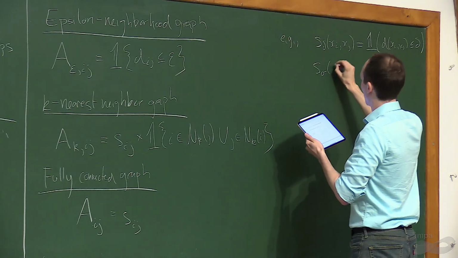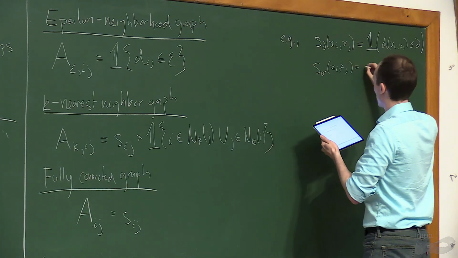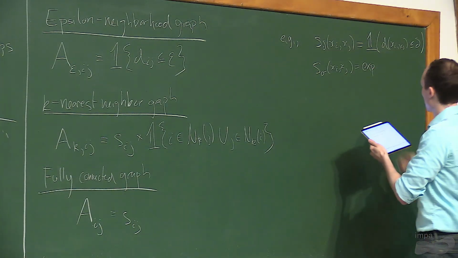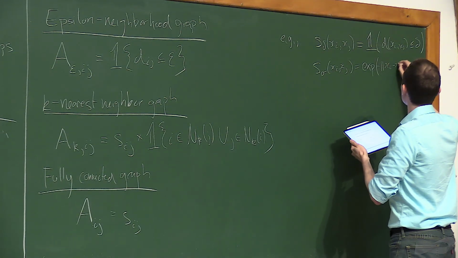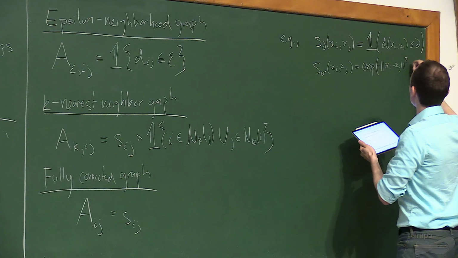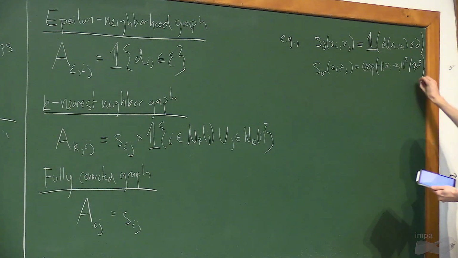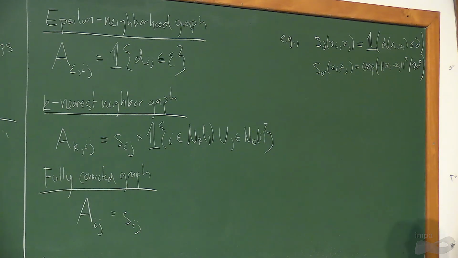The Gaussian kernel is also a popular choice. So with a bandwidth parameter sigma, this is just an exponential of a negative squared L2 norm when the vectors x_i and x_j are, let's say, just vectors in R^d.